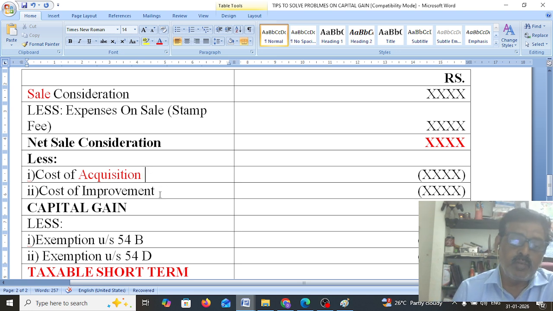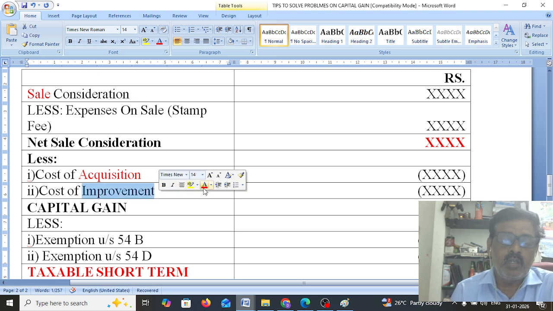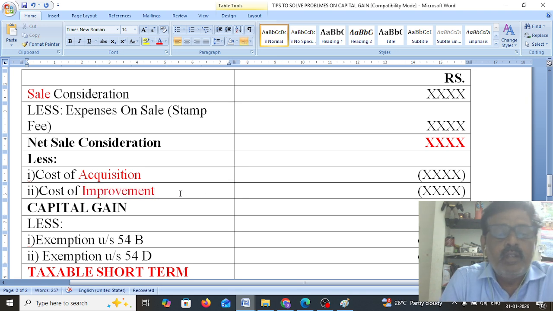Then cost of improvement. Supposing you purchase a ground floor, and after 2 years you construct a second floor, that is improvement. Or any additional expenditure you have incurred on the existing asset can be included in the cost of improvement.